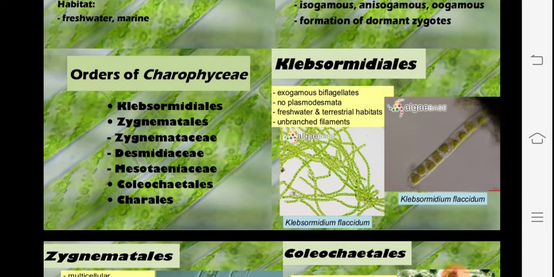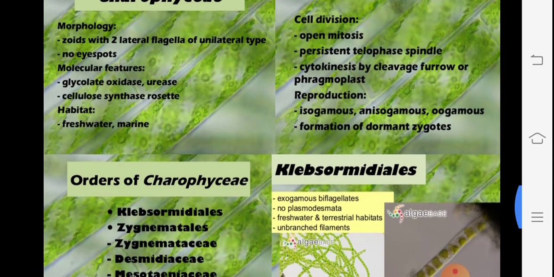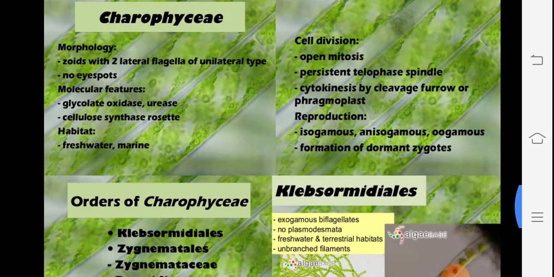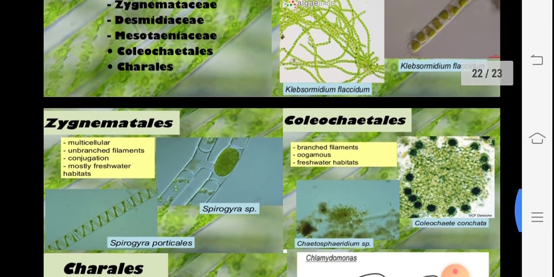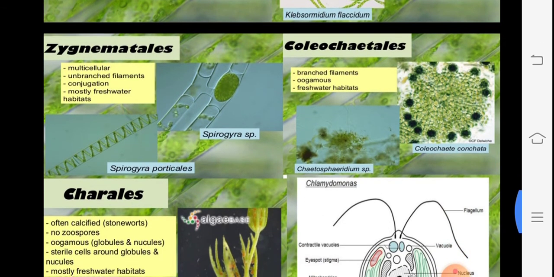Unbranched filaments is the character. Secondly, reproduction has all types, and it shows dormant zygotes. Then in Zygnematales, a good example is Spirogyra, right? Family Zygnemataceae, or nowadays the family Spirogyraceae.